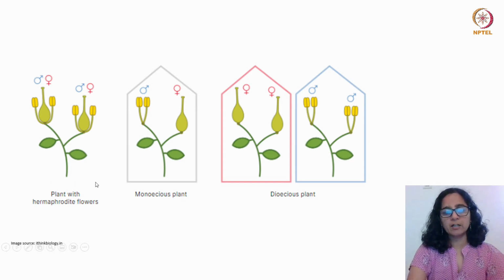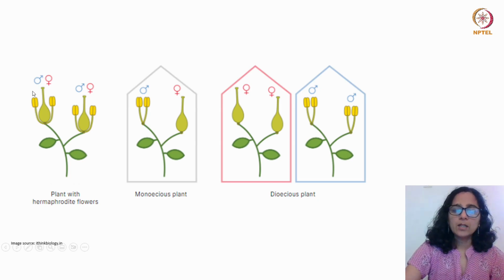In hermaphrodite flowers, male and female parts are found on the same flower.